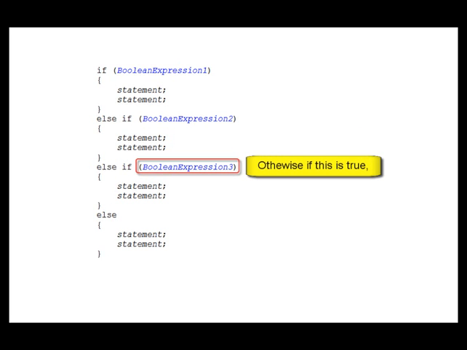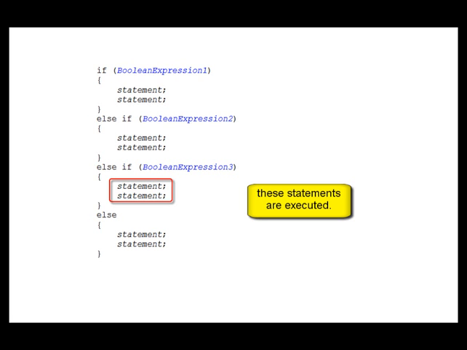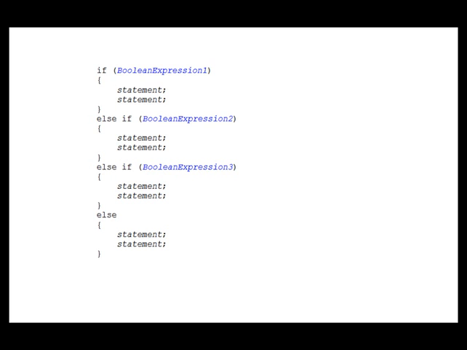Otherwise, if this Boolean expression is true, then these statements are executed. You can have as many else-if clauses as necessary in your statement. If none of the Boolean expressions in the else-if clauses are true, then the statements in the else clause at the very end are executed.